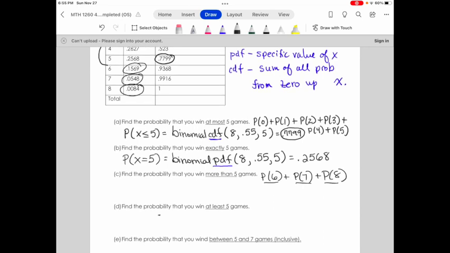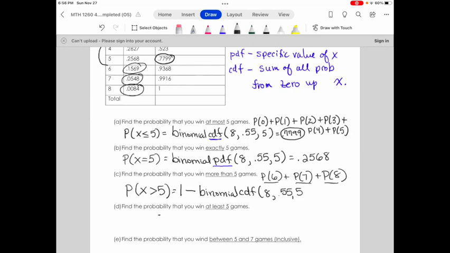So I'm going to try it the other way where you just have to do a subtraction problem from 1. To find the probability that I have x's greater than 5, I'm going to use 1 minus, and I'm going to find all the values from 0 to 5, which is binomial CDF from 0 to 5.